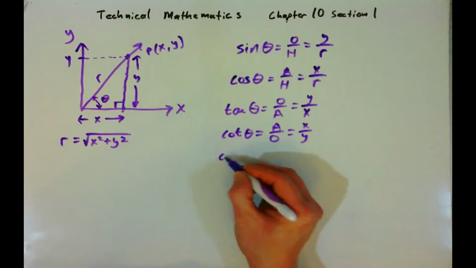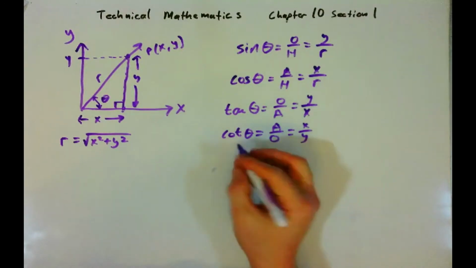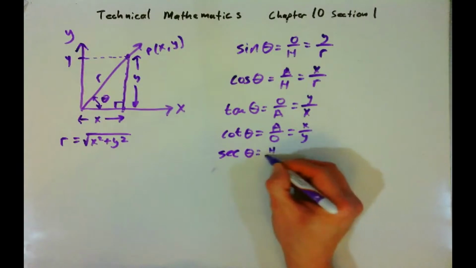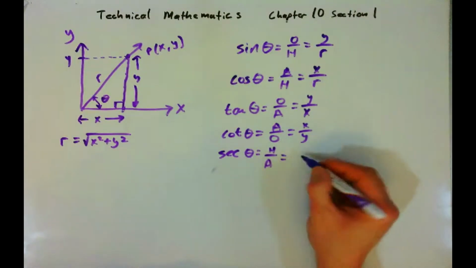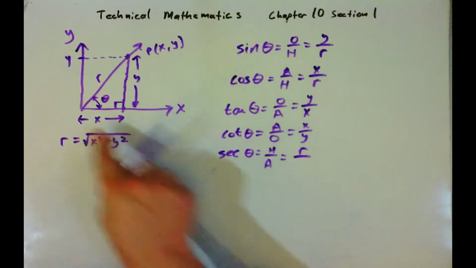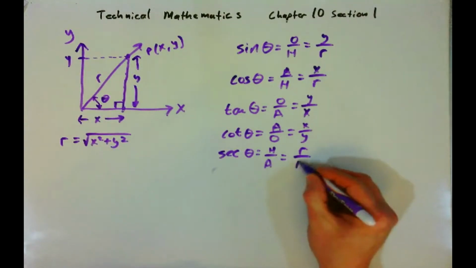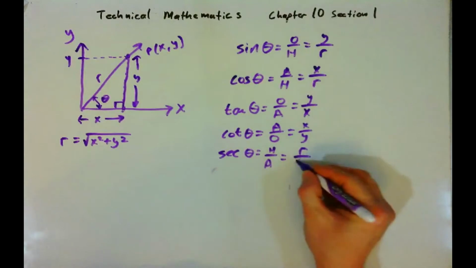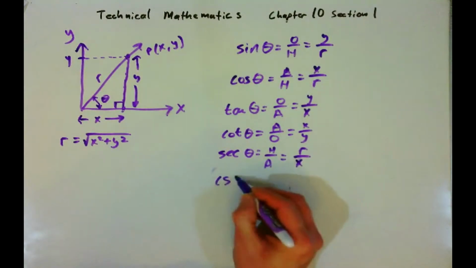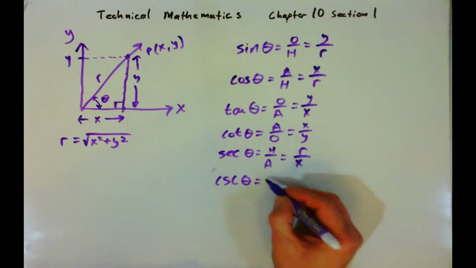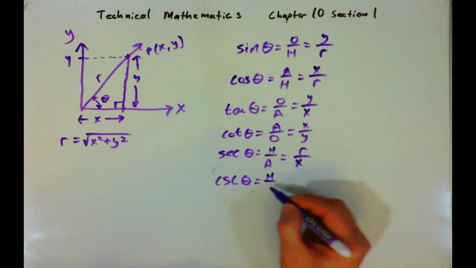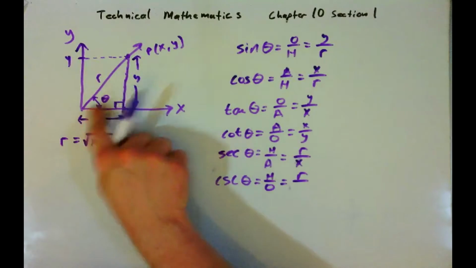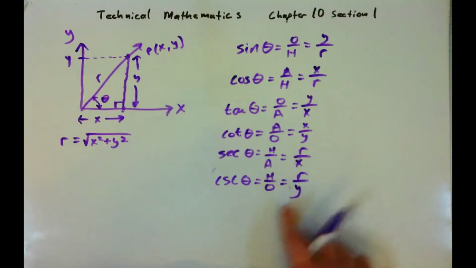We can find the secant of theta, which is the hypotenuse divided by the adjacent. The hypotenuse is always r. The adjacent side is always going to be x. And the cosecant of theta, which will be the hypotenuse over the opposite. Hypotenuse is r, and the opposite side is y.